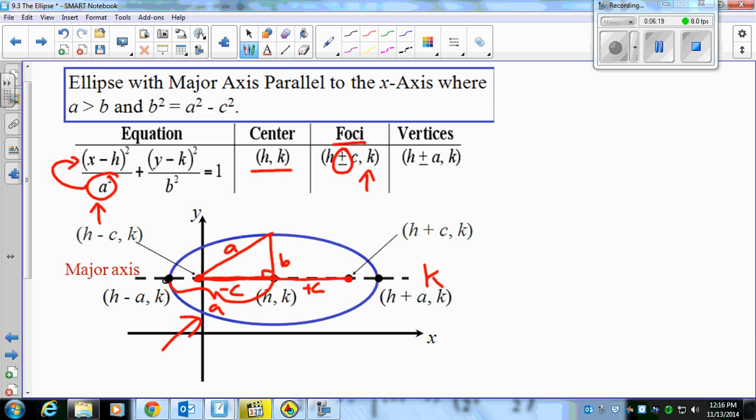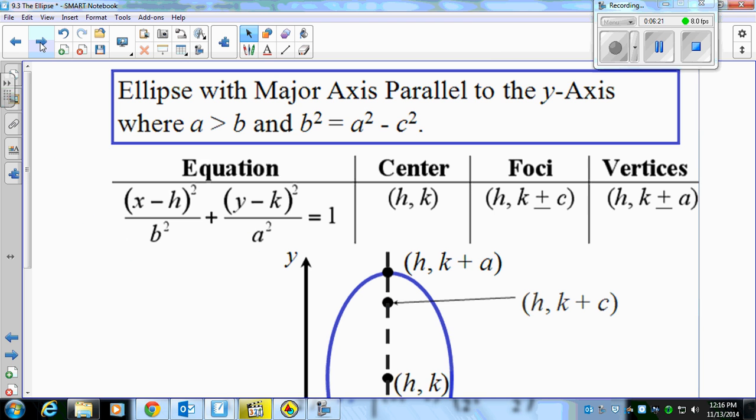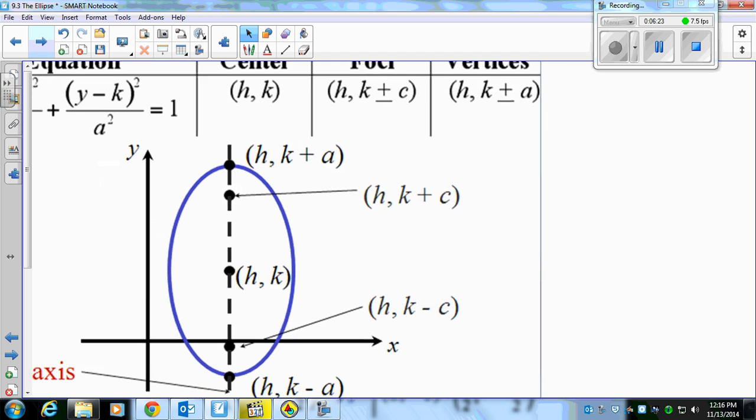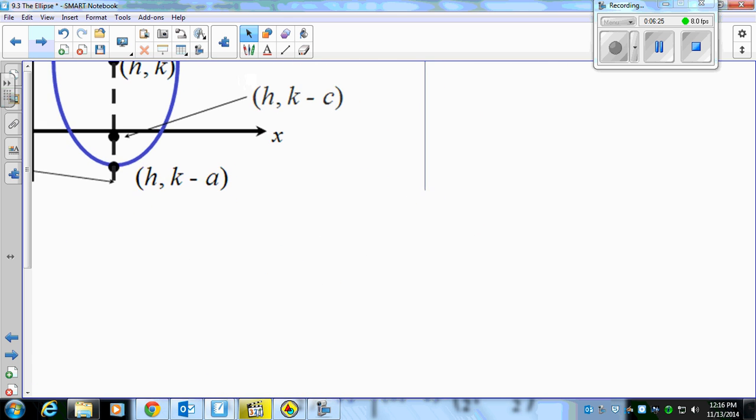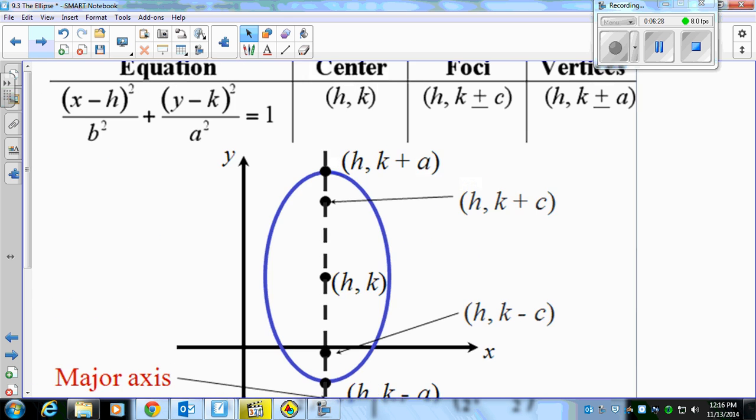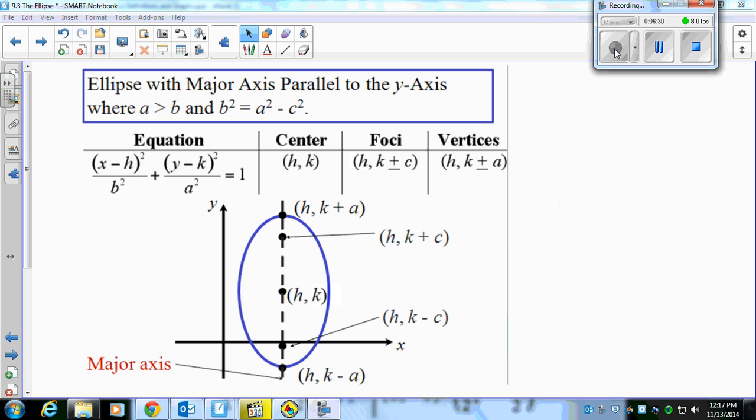Now let's look at the case where our major axis is vertical, and we're squeezing this circle from left and right. Notice your A is now with your Y, because it's elongated on the y-axis.